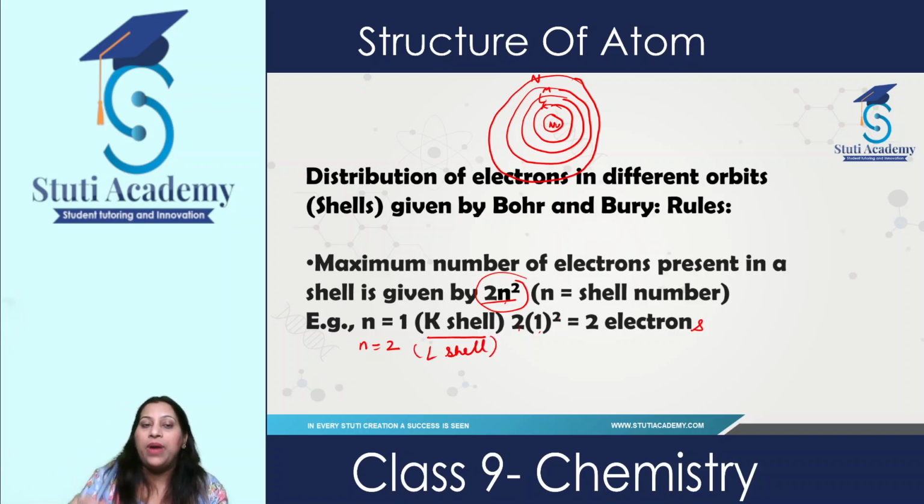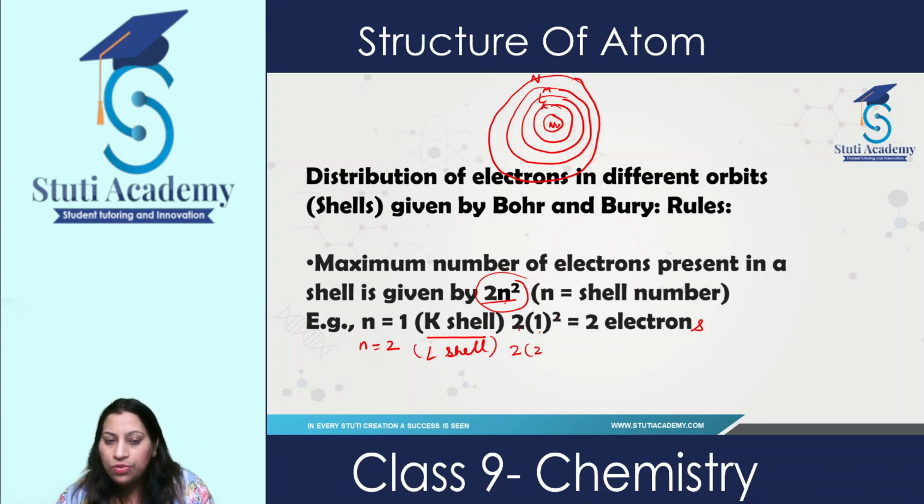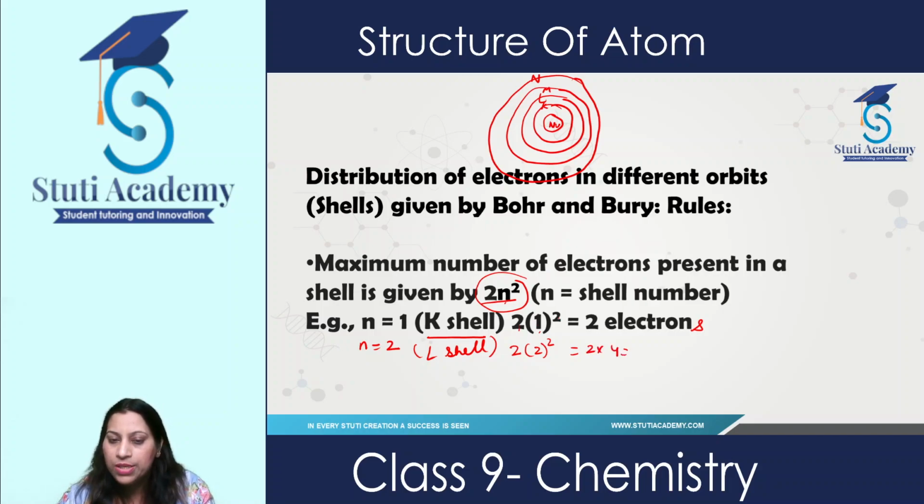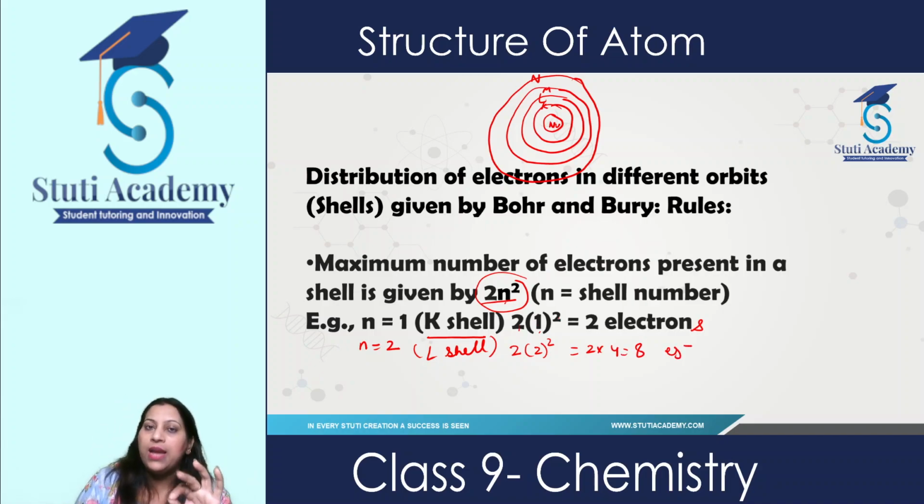Now write in the comment box the number of electrons in all the shells. Solve it simultaneously. I'm also doing it. 2 into 2 square. Here again n represents the number of the shell, L is the second shell. If you solve it, 2 multiplied by 4 is equal to 8. So it means in L shell, 8 electrons can accommodate.